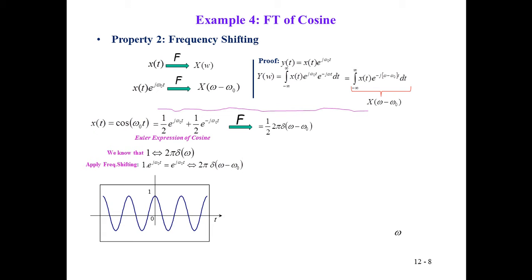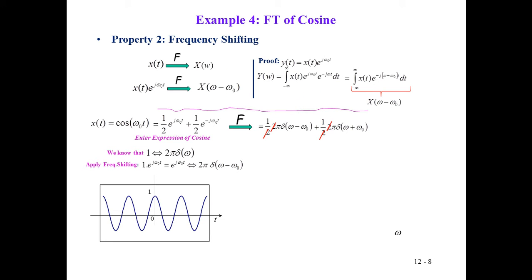Making use of this result and applying it to the first term in the Euler expression of cosine, for the first term we get the Fourier transform as 1/2 times 2 pi Dirac omega minus omega 0. Similarly, for the second term, instead of omega minus omega 0, we get Dirac omega plus omega 0.